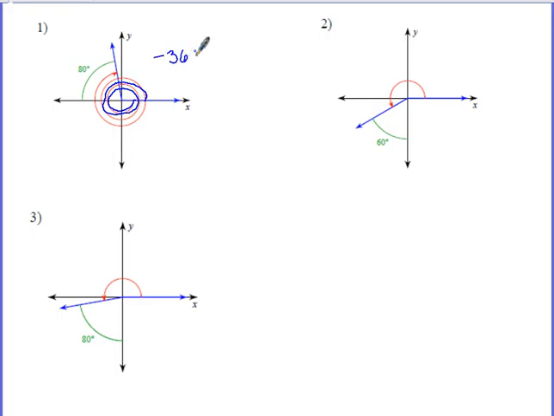So I have negative 360, and then another negative 360. Then I have another half circle, so that gives me negative 180. And then this green thing tells me that this piece that is left is another 80 degrees. If I add all of those up, then this angle has a measure of negative 980 degrees.